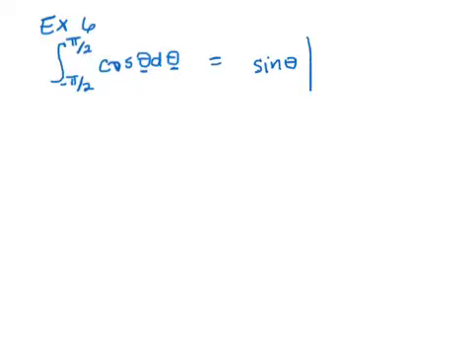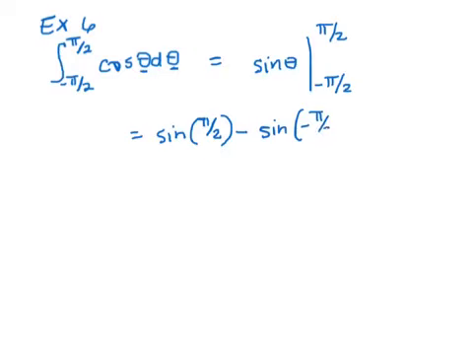So we're going to evaluate this from negative pi over 2 to pi over 2, and then plug them in one at a time. So you've got sine of pi over 2 minus sine of negative pi over 2.